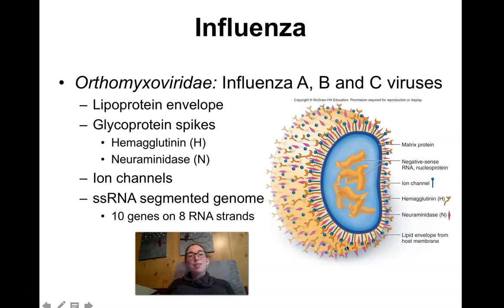And then what you end up with is a whole new strain of flu. And so flu mutates very quickly because of this, and that's why we have to have a flu shot every year. They make a new flu shot every season for the different strains of flu that they think are going to be the ones most in circulation that year.